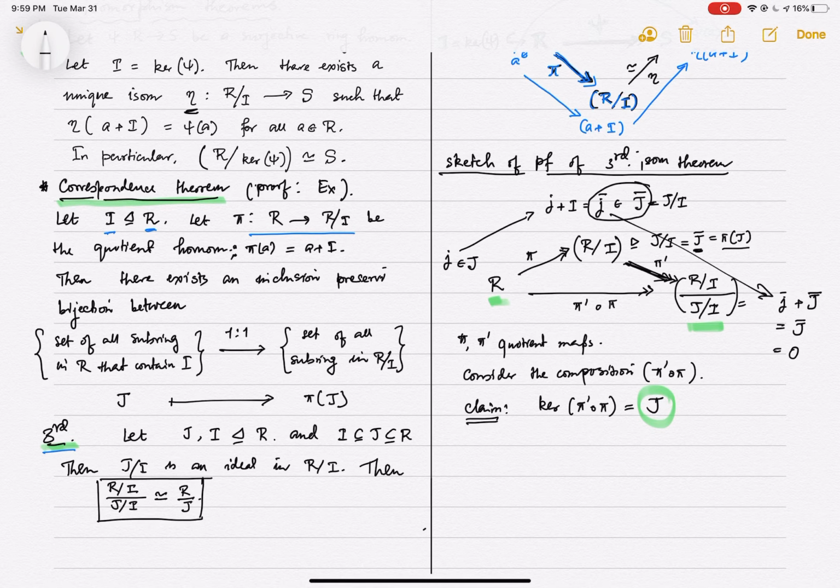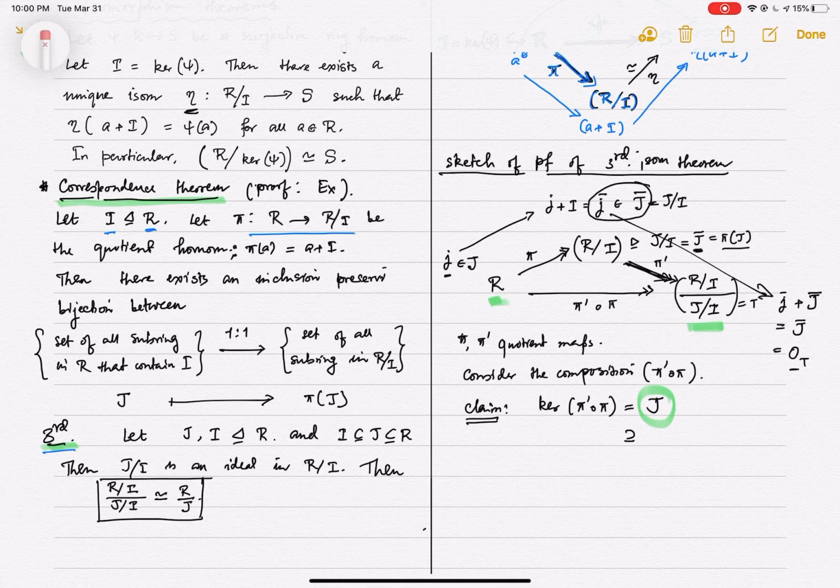Let's call this ring T. Then it's the 0 of T. What did I just say? I said that if you take something in J, then it goes to 0 when you apply pi and then pi prime back to back. So I proved this inclusion, that J is in the kernel.